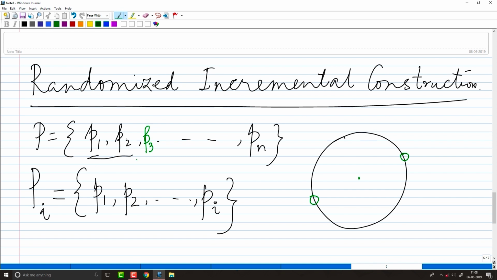So, if it is going to lie inside, we are happy, right, and if this keeps happening, so till the nth point we are done. We expect this to happen quite a lot. Now, say the fourth point comes outside. Now, what do we do?